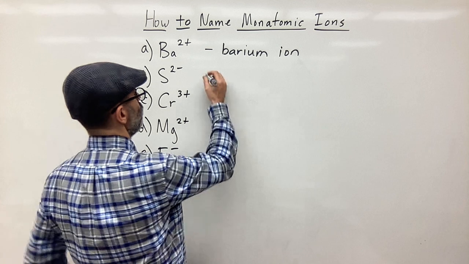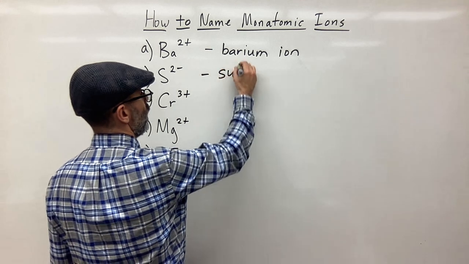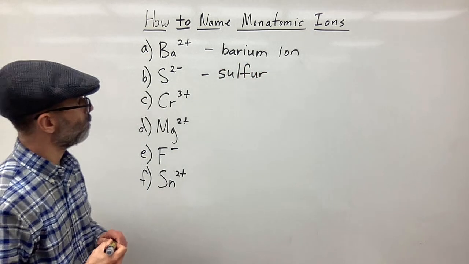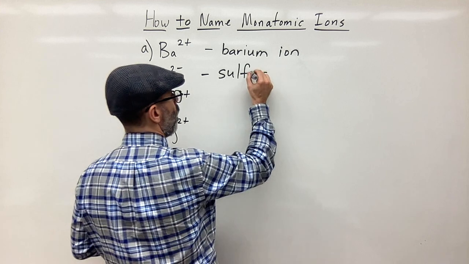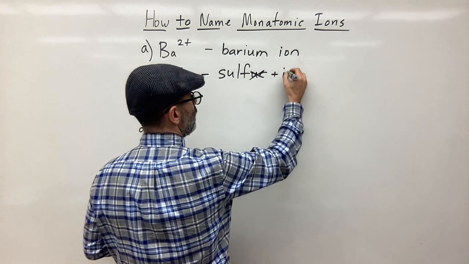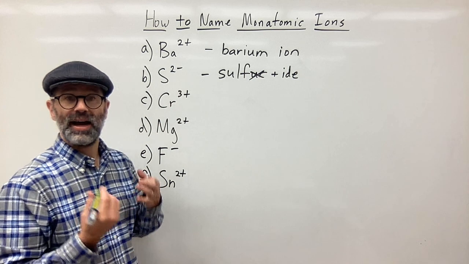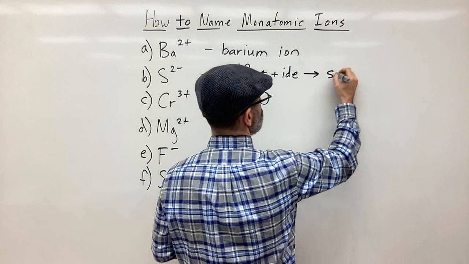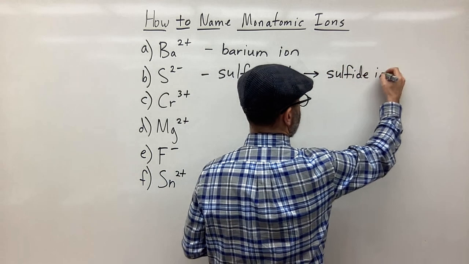So what we're going to do is write down the name of the element, sulfur, and we have to drop the ending. So the -ur ending gets dropped, and we're going to add to that -ide, and then we're going to add the word ion to it. So then this becomes the sulfide ion.